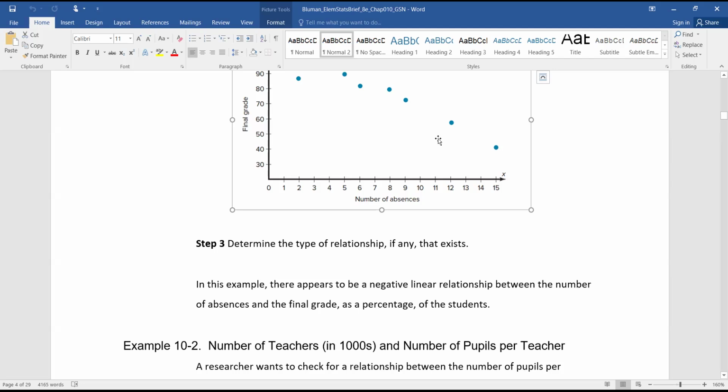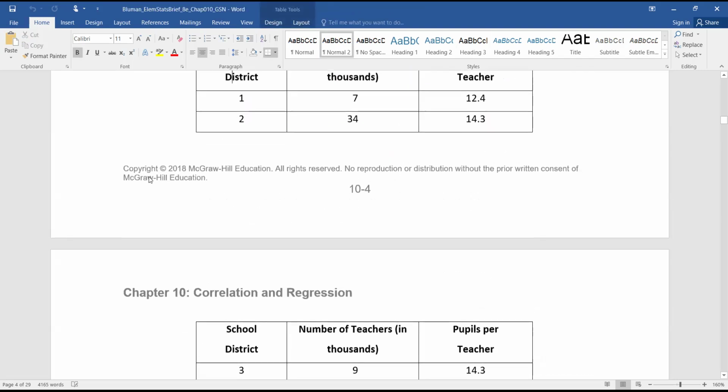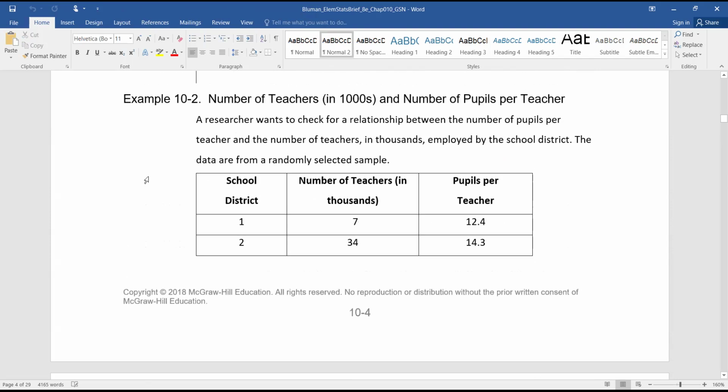Let's look at another one. So in example 2, we're going to look at the number of teachers in the thousands and number of pupils per teacher. So it says a researcher wants to check for a relationship between the number of pupils per teacher and the number of teachers in thousands employed by a school district.